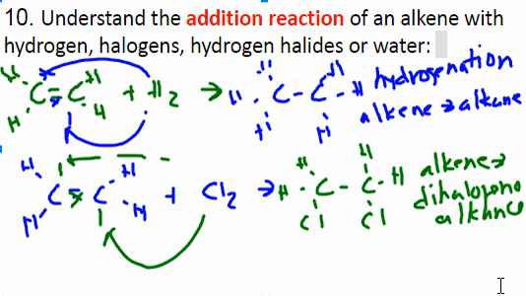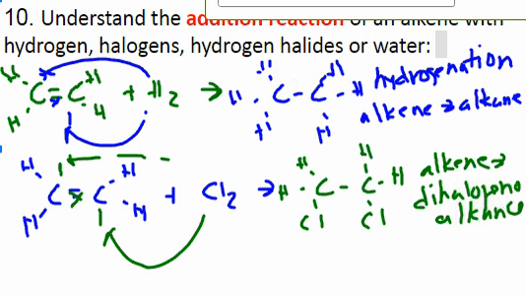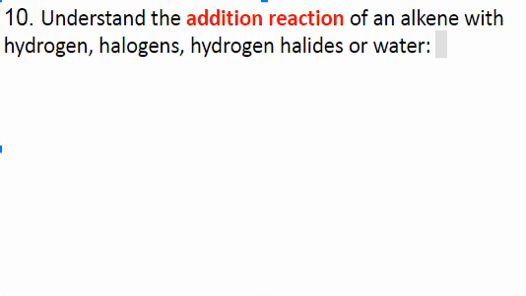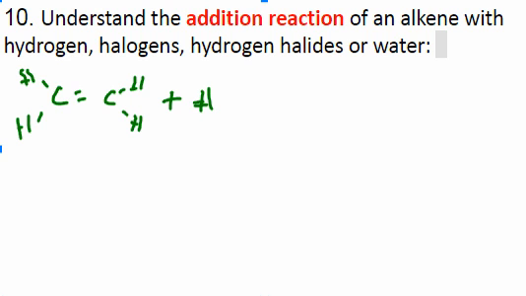So then if I go ahead and clear my board here and look at a hydrogen halide or water, very much the same process. So really, you're just committing to memory one fairly simplistic reaction here. So I have my C2H4, and this time I'm going to add a hydrogen halide, so a hydrogen and pick a halogen, so HCl.